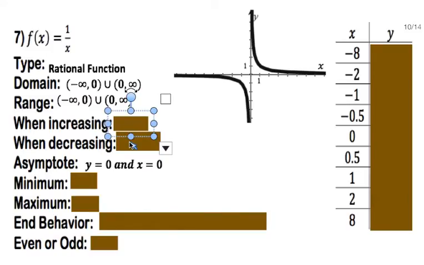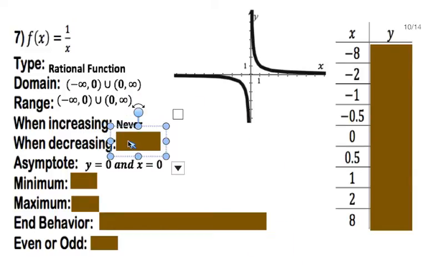We are going to be decreasing. Most of you, if you look at it, it looks like you're decreasing and then increasing, but if you look carefully, you're really never increasing. You're only going to be decreasing throughout the whole thing. Now, yes, I know that I did not include the 0 here, and yes, I know we have an asymptote there, but we're going to be decreasing the whole time.